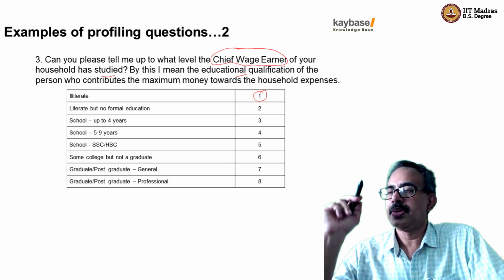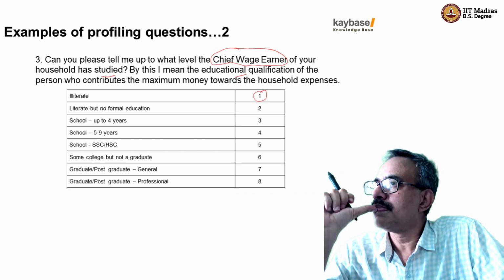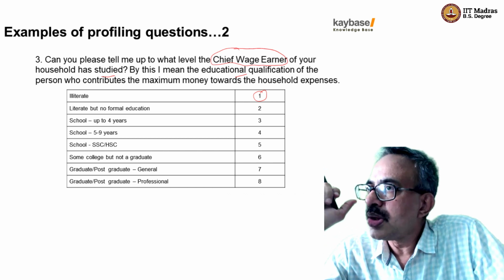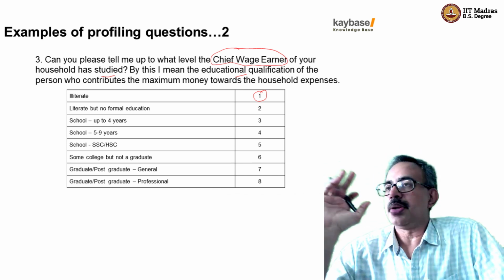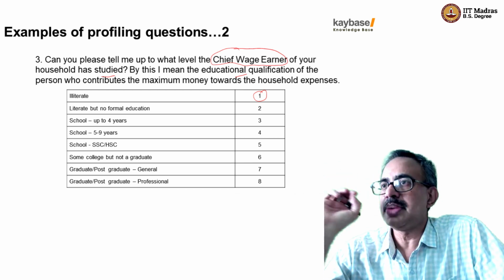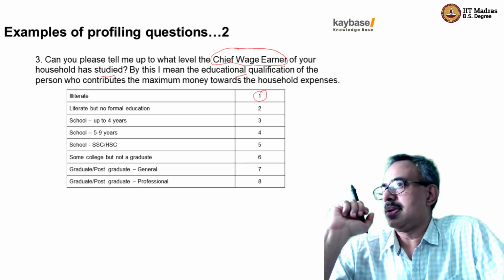Come on, try. The chief wage person's salary will be spent for groceries, house rent. The person who contributes more for the family's expenses. Excellent. The person who contributes the maximum money towards a family expenditure is called the chief wage earner.